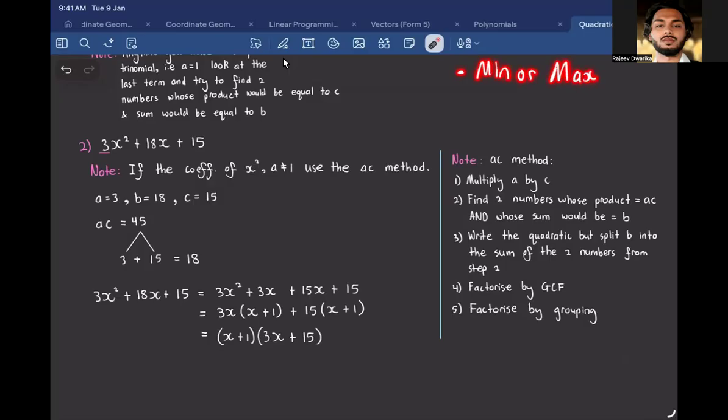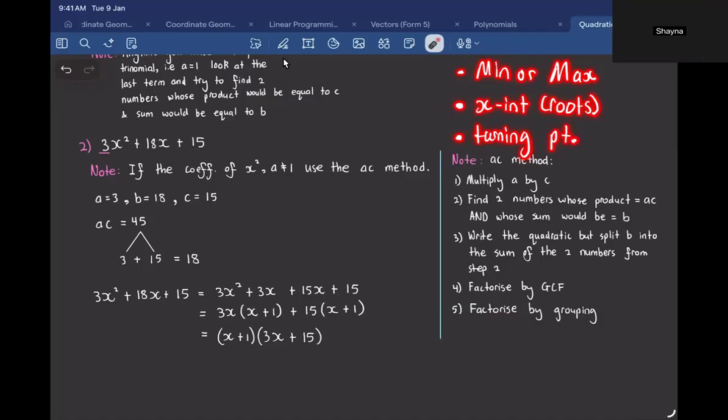You need to figure out the x-intercepts, also called the roots. And you need to figure out the turning point. These are the main things you should be concerned with. So Sheena, is this confusing you? Or could you kind of understand what I'm talking about? I understand. Okay, good. In case you're confused, I'm gonna draw a quick graph, right?